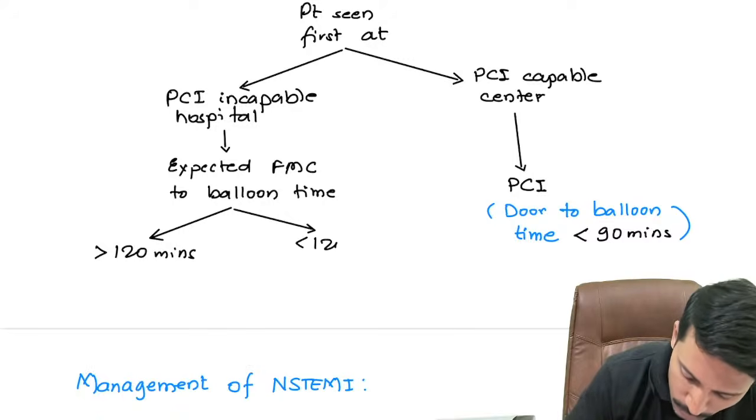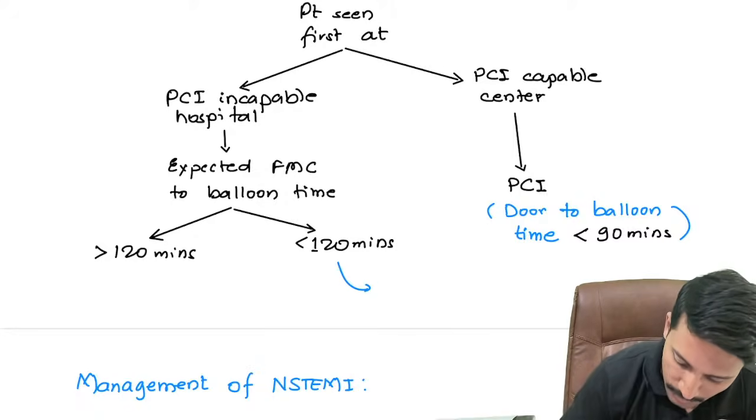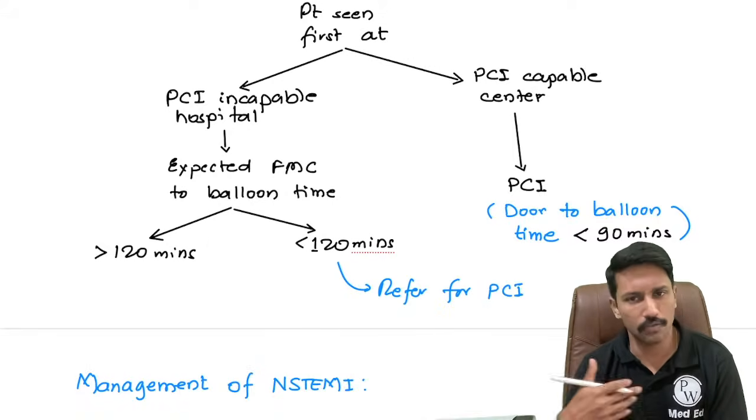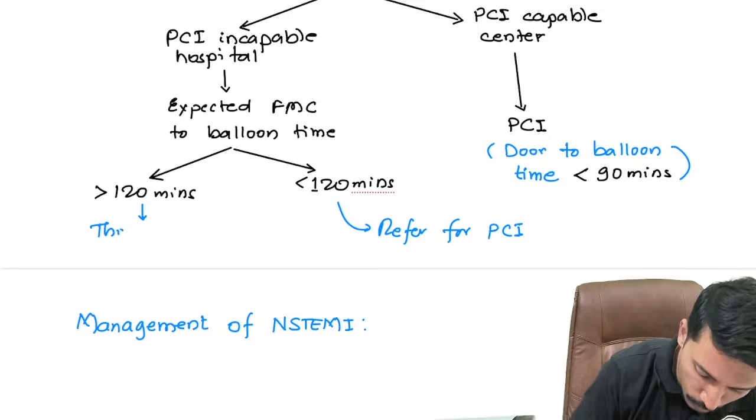But if it is less than 120 minutes, like if I refer from here and within 120 minutes angioplasty can be done, then I should refer this patient for PCI. Whatever aspirin and all we have to give, we will give and refer. But if it is more than 120 minutes, we will do thrombolysis.